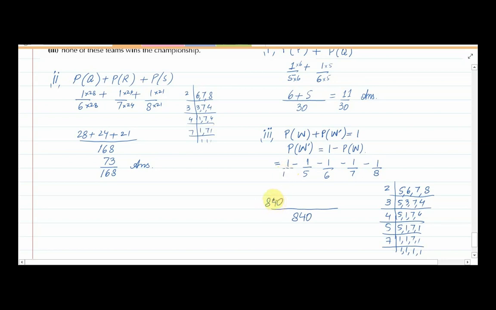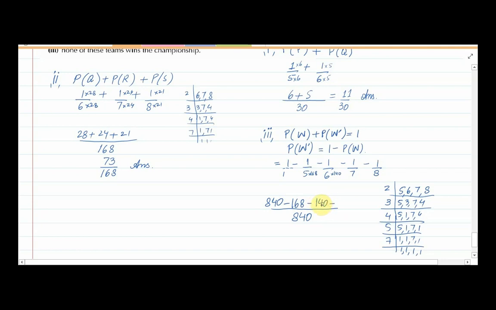Now 5 should be multiplied with 168, so it will be 168 minus. 6 should be multiplied with 140 to get 840, so it will be 140 minus.